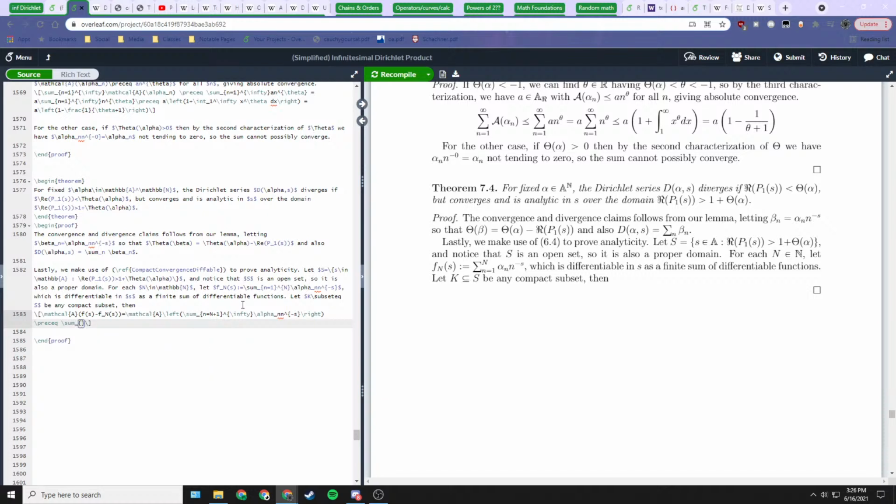We'll have this sum n equals n plus 1 to infinity of the absolute value of alpha sub n, and then we'll have, okay, so here's the problem. We'll have the absolute value of n power minus s. We're going to need to figure that one out.